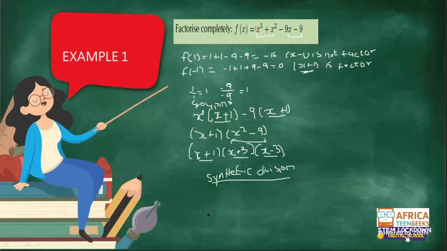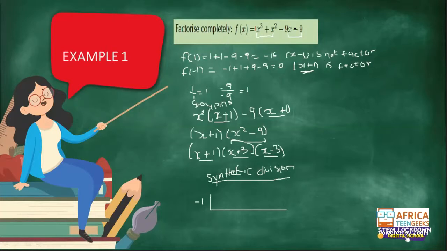Then you write, remember we have our x plus 1 as a factor. Then here you write your root, which is -1. Because remember, if x plus 1 is a factor, then x equals -1 is a root. So you write your root, and then you write the coefficients of all your terms.